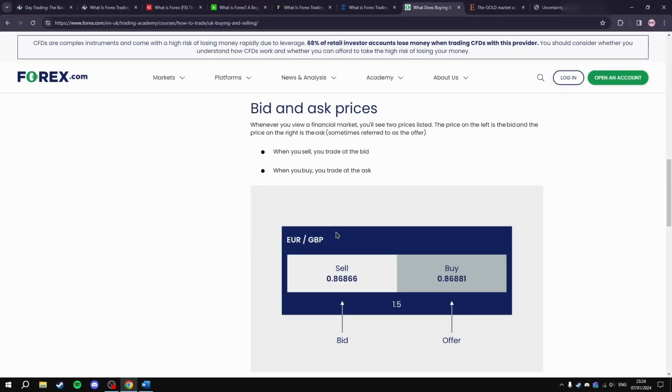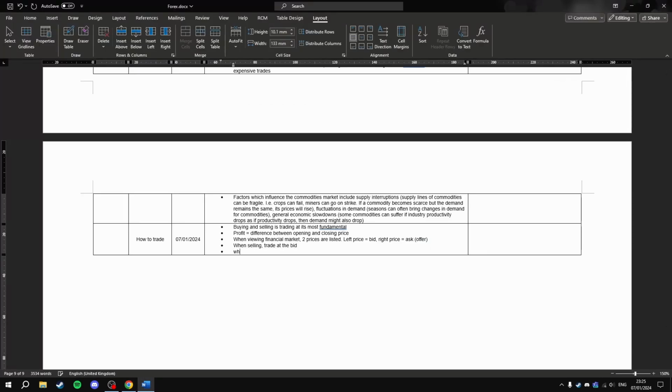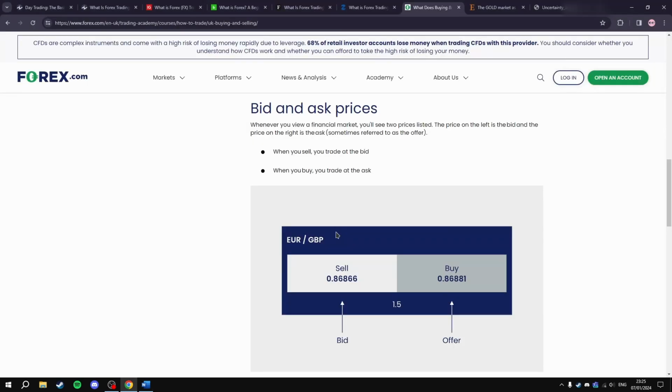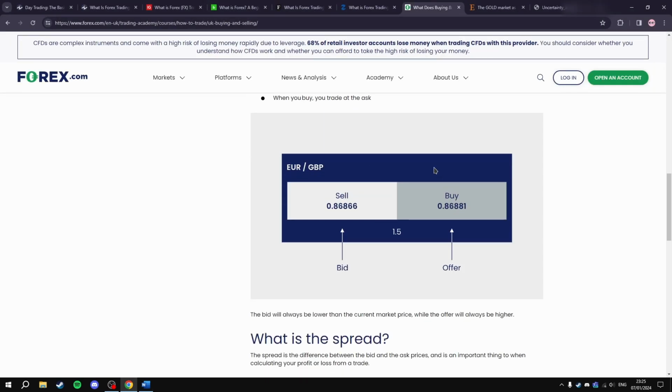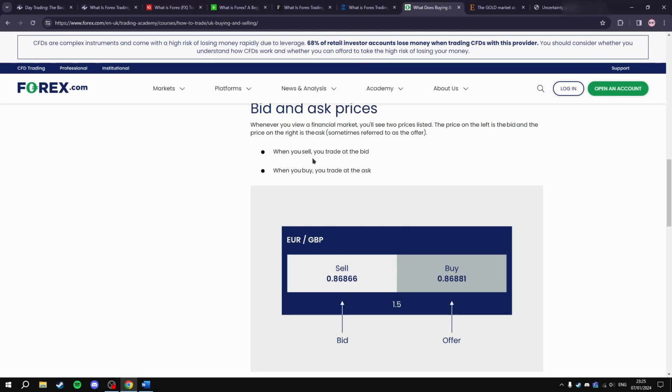When you sell, you trade at the bid. When buying, trade at the ask. When you sell, you trade at the bid, which is the left, and when you buy, you trade at the ask.